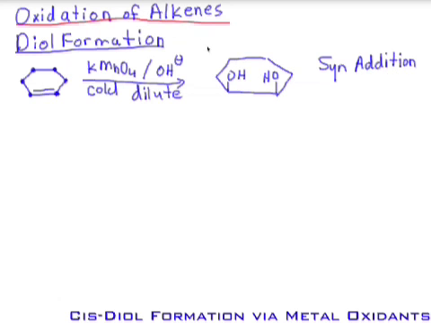Why would we get syn-addition? Well, the reason has to do with the permanganate. You see, when the double bond is attacked, it's actually attacked by a group, well, let's draw it here actually, that looks like this, the permanganate anion.